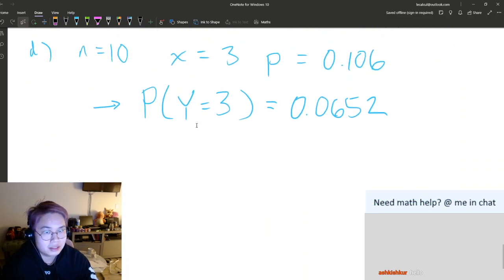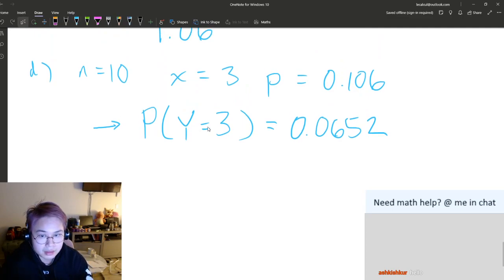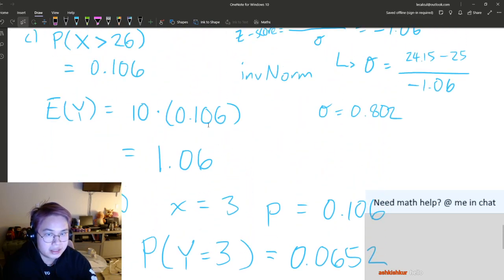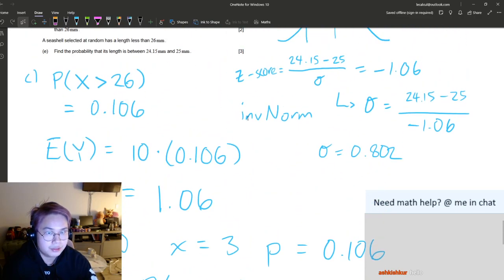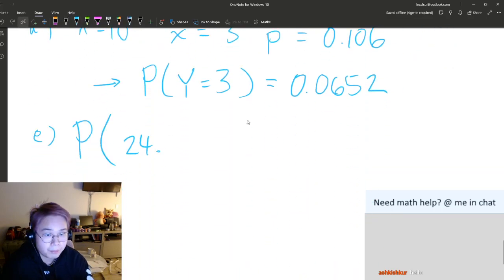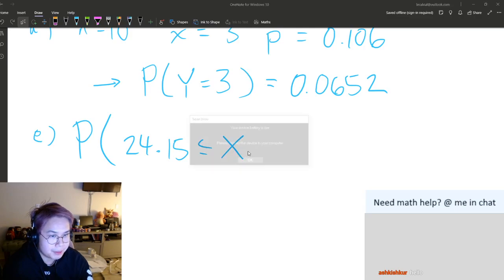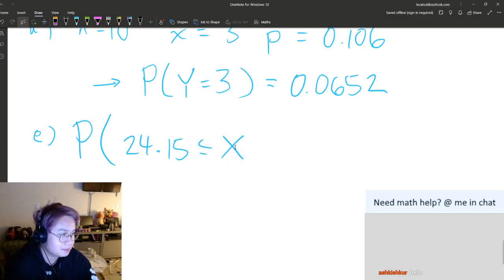In other words, in part E, you need to find the probability that your seashell is in between these 2 lengths, 24.15 and 25. And we go back to X.